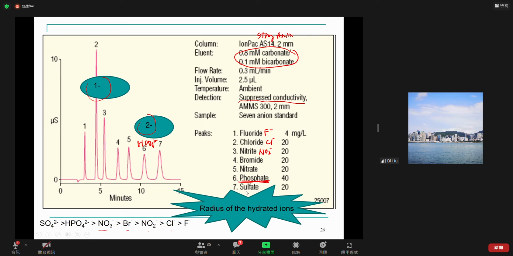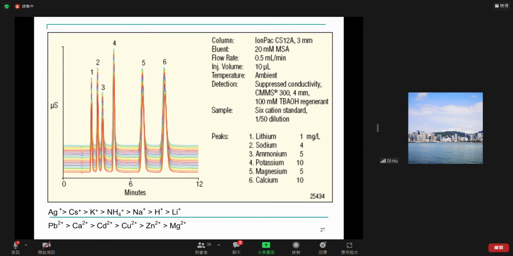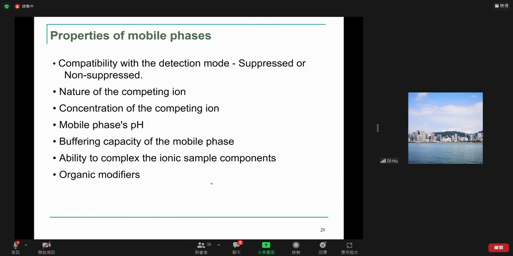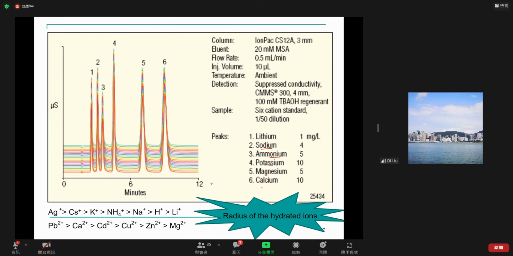And how about the cations? This is one example: lithium, sodium, ammonium, potassium, 1, 2, 3, 4. They're monovalent, and then 5 and 6 are magnesium and calcium. Again, the divalent ones, magnesium and calcium, come out after that.